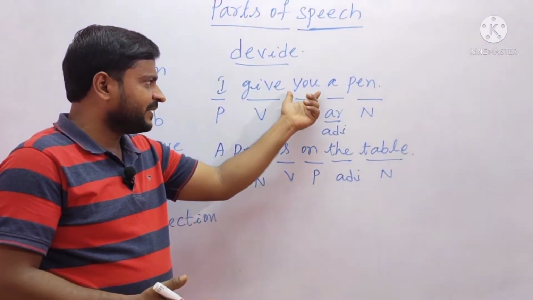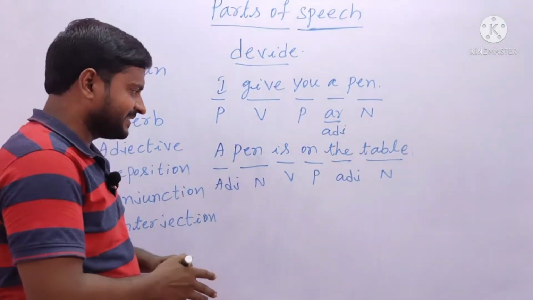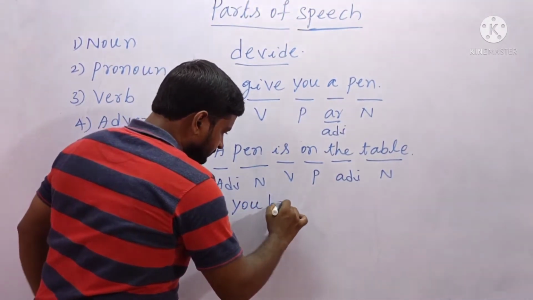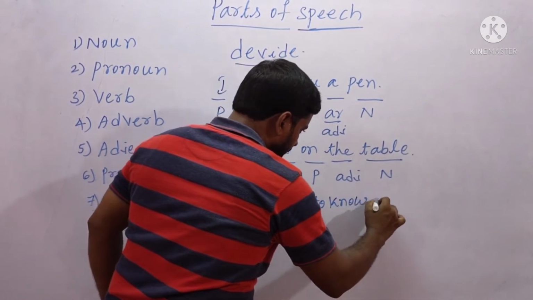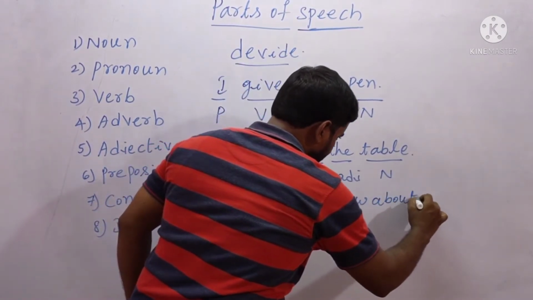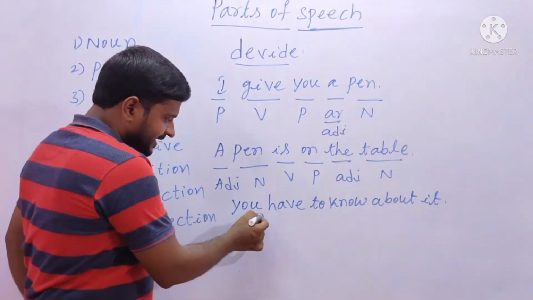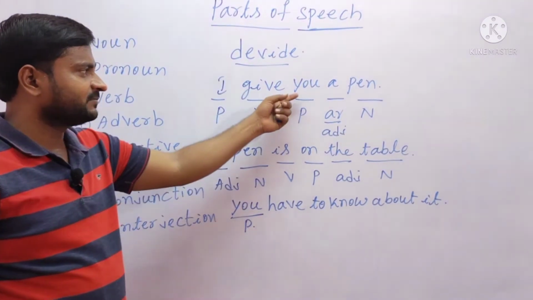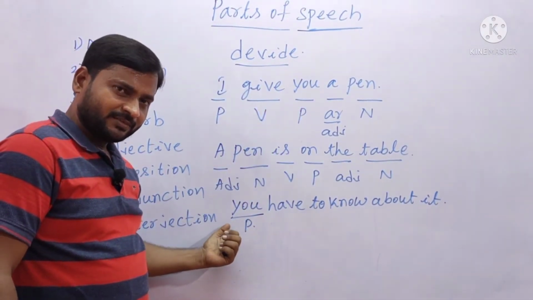For example, you have to know about it. You is a pronoun. In this case, it will be an object. In this case, it will be as a subjective case.